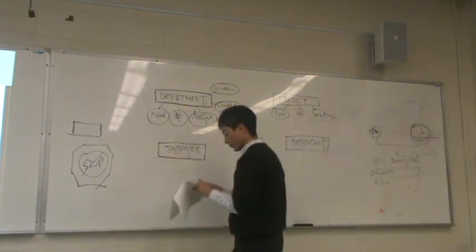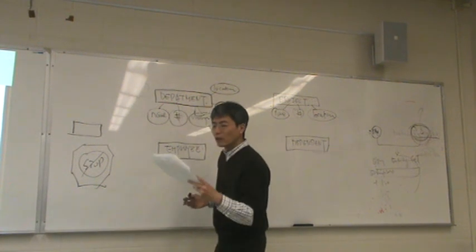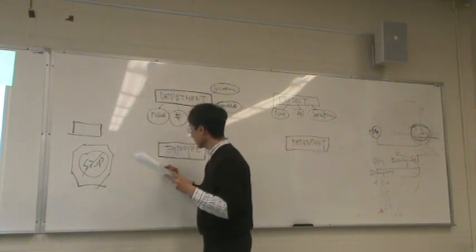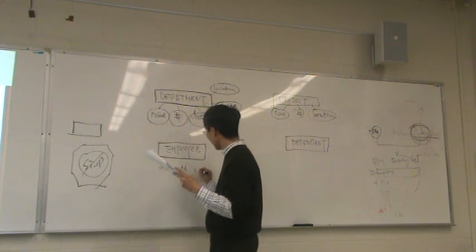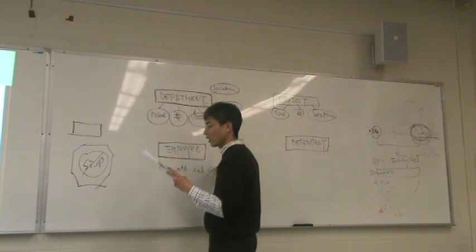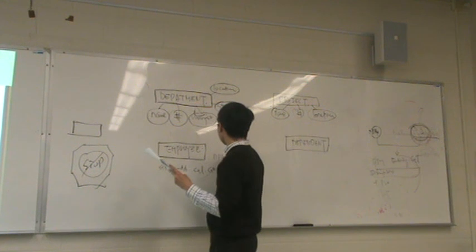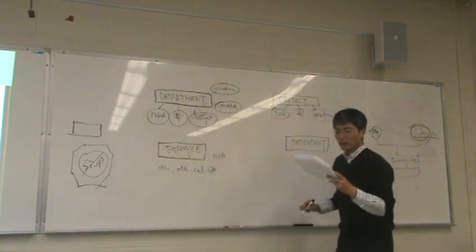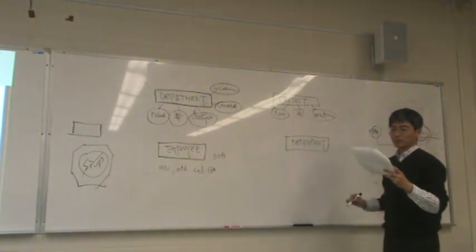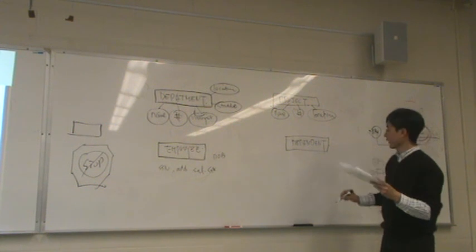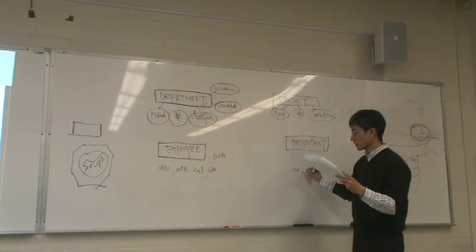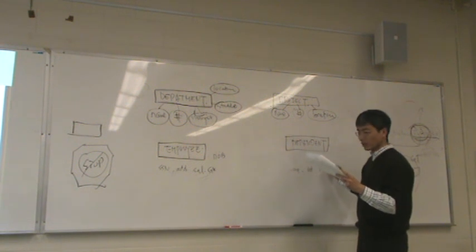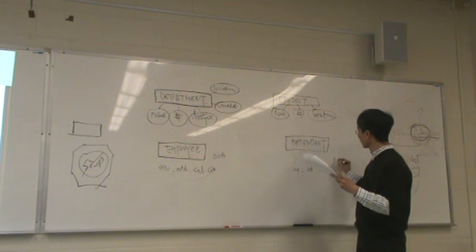Okay, what about the employee? Social security number, address, salary, sex, DOB, first day. Then dependent: name, sex, DOB, and relationship to employee.